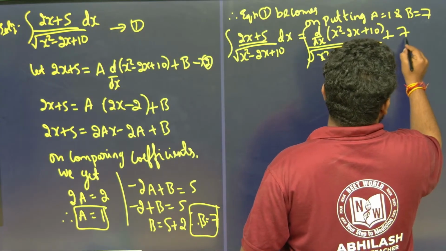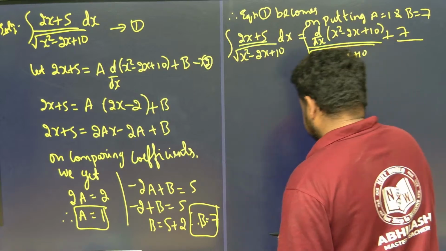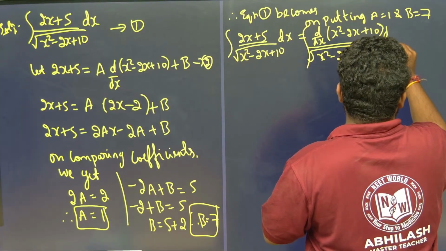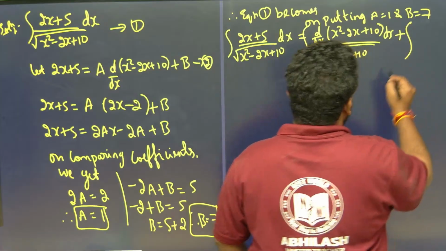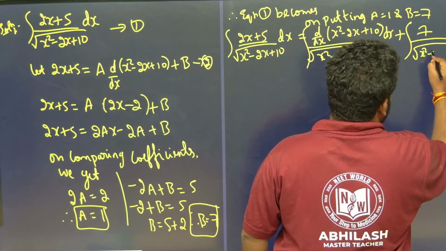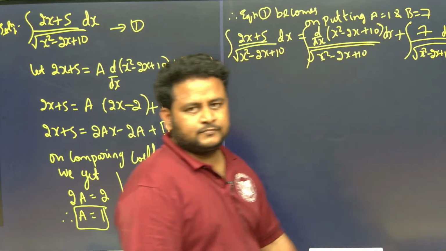So let me write the integral sign here also. This is dx plus 7 into integral of 1 by square root of x square minus 2x plus 10 dx. This is what we have.